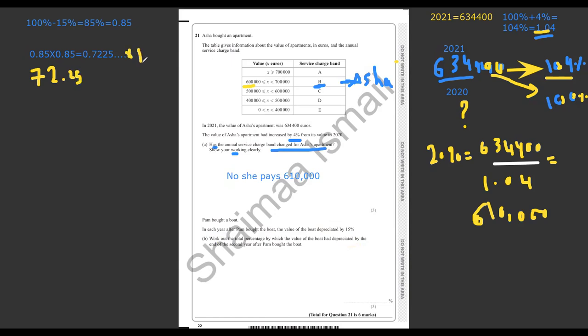Actually that is the remaining value after the second year. But he asked for the percentage by which the value decreased. So we say 100% minus 72.25 will give us 27.75.